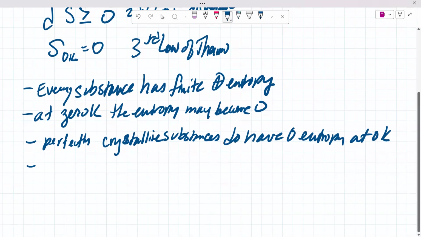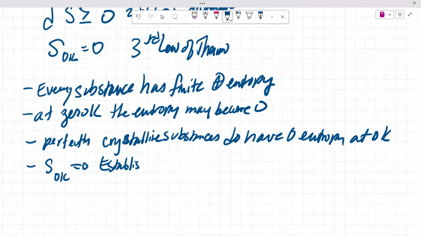So this means that we have a starting point to the temperature scale. This establishes the S sub 0 value for delta S. In other words, it's a change from something, but what's it a change from? Well, it's the reference point, and that's 0 Kelvin.